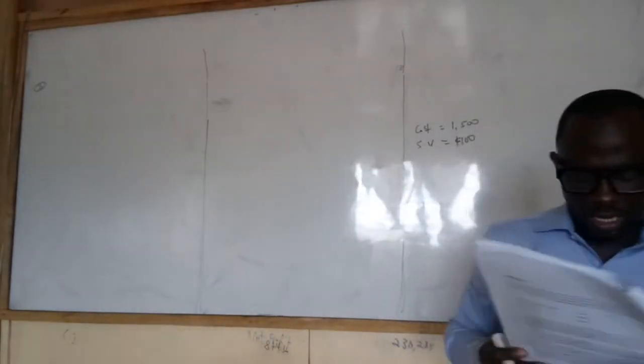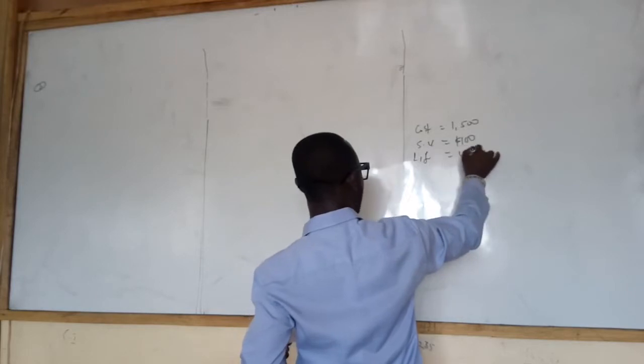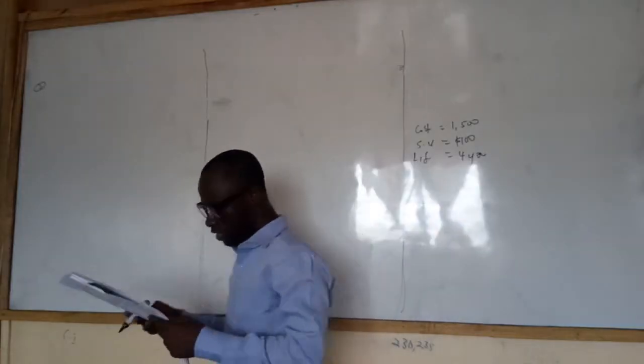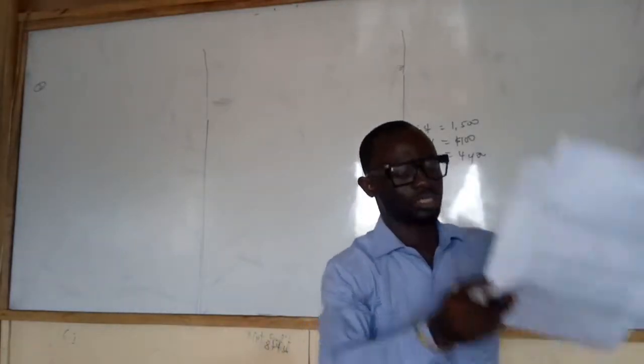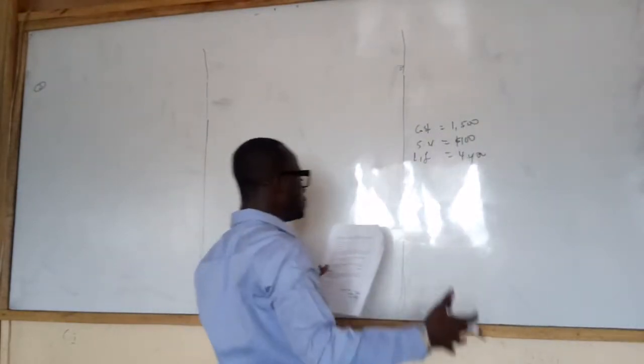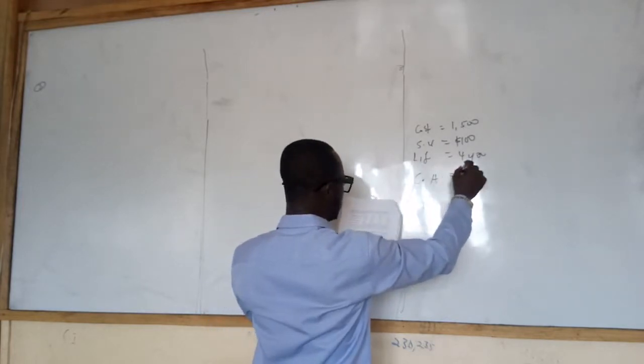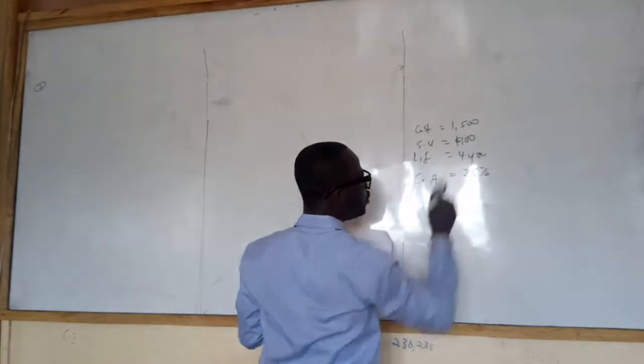So we have the cost, we have the scrap value. Good. Now the life of the project. The life is also 4 years. Capital allowance can be claimed on this investment. So CA is 25% reducing balance.